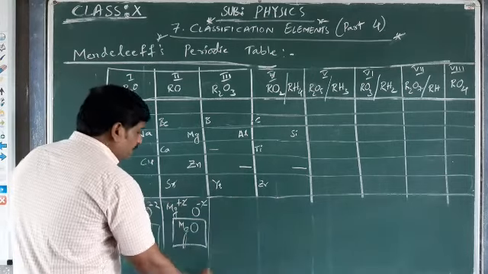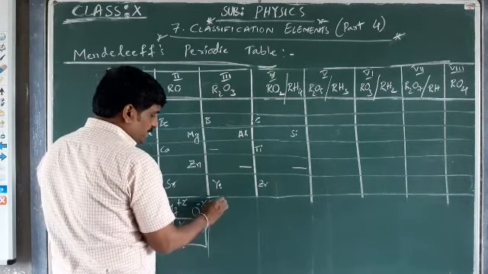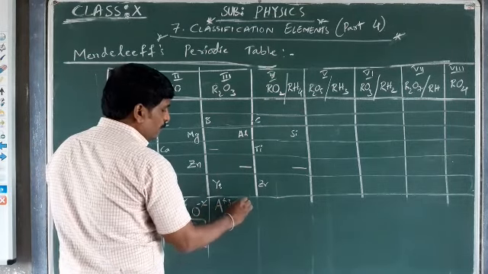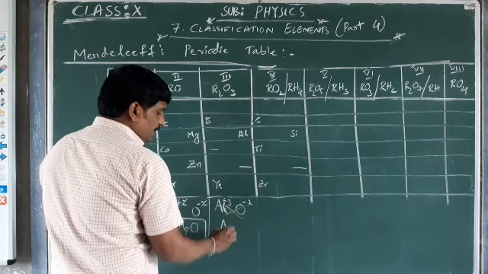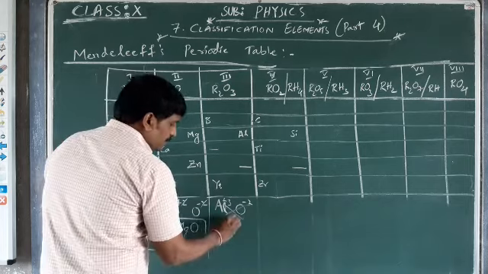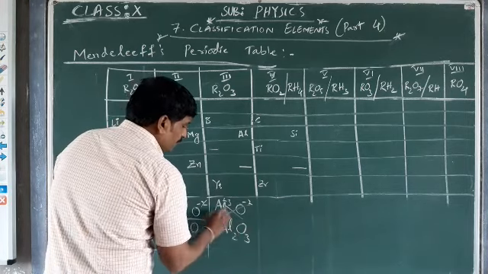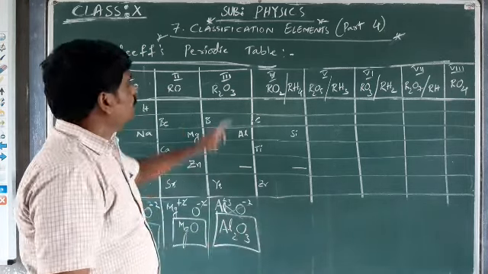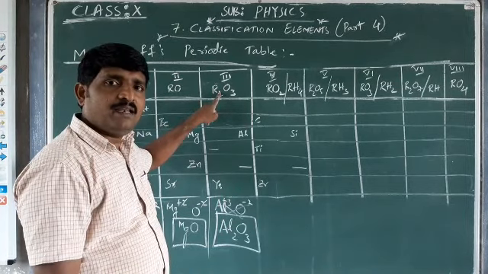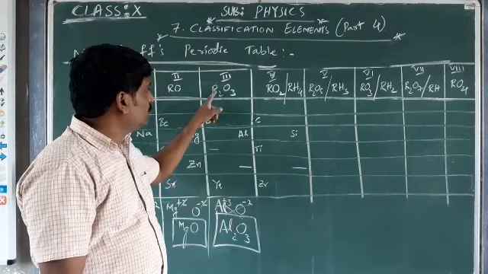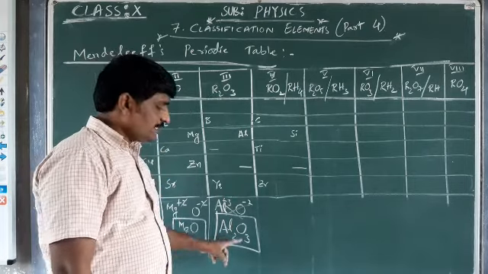If I take aluminium, which is +3, and oxygen -2, crisscross and you get Al2O3. See, the compound is in the form of R2O3, which is the Al2O3 form.